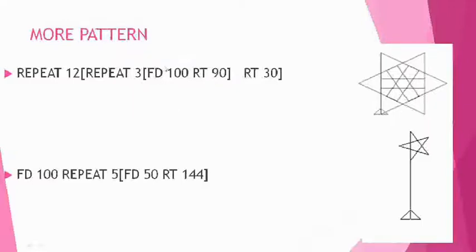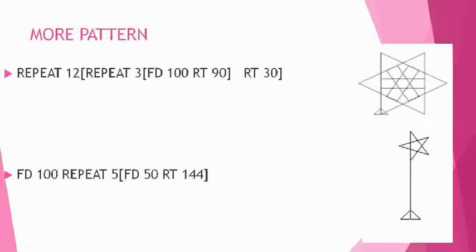That means first it will execute FD 100, RT 90, 3 times. Once these 3 times are done, RT 30, then the turtle will turn 30. After RT 30, again it will come back, repeat 3, FD 100, RT 90. So again it will draw FD 100, RT 90, for 3 times. So this process will go on how many times? 12 times.